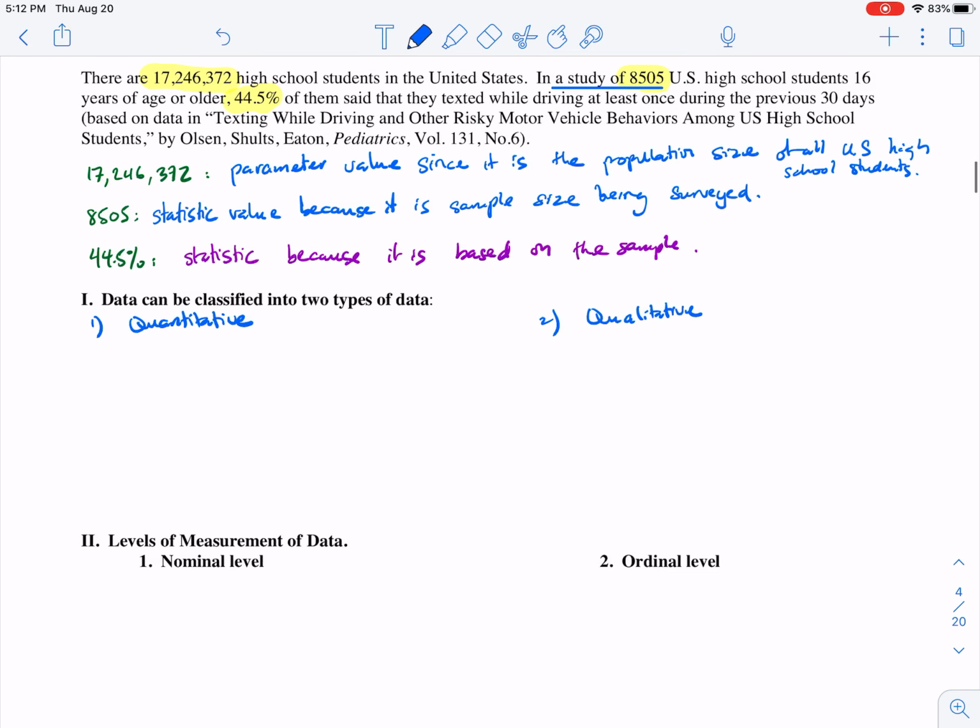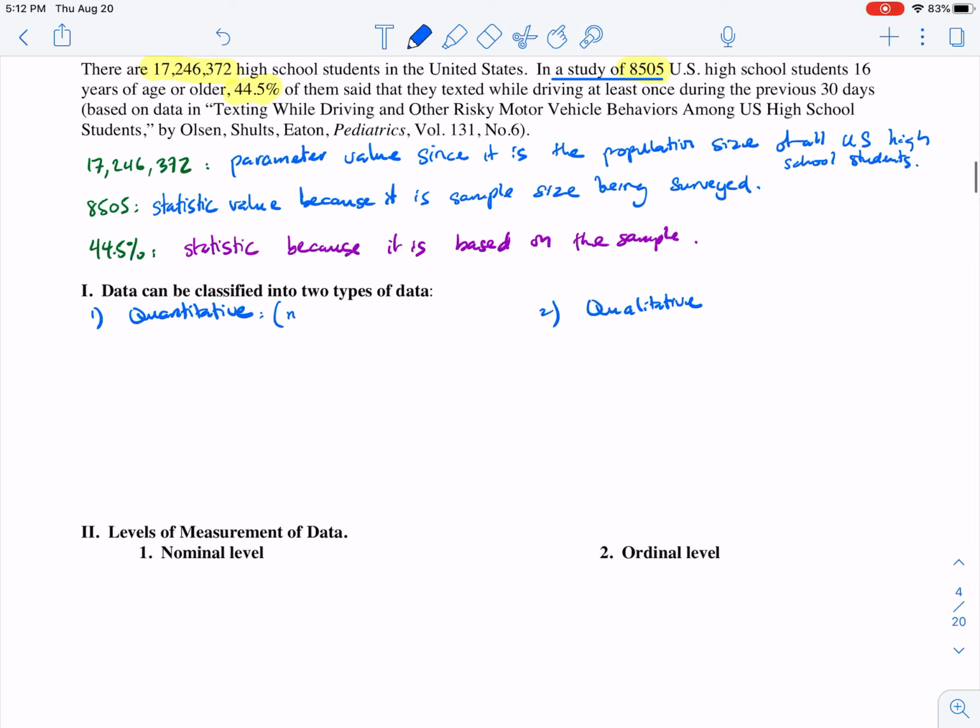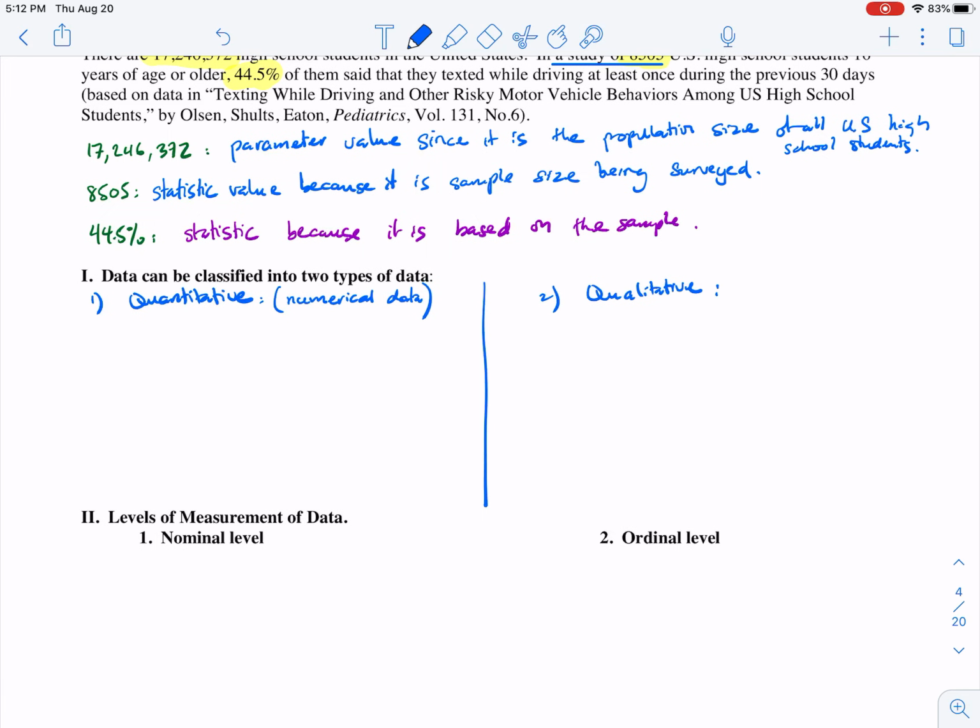Quantitative is numbers, numerical data that has to do with numbers. Qualitative doesn't have to do with numbers. Well, actually, this still has to do with numbers, but the number doesn't have any meaning in terms of the value themselves. So usually this is referred to as categorical data.